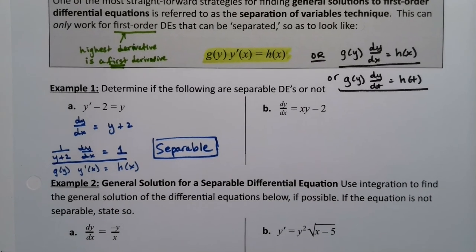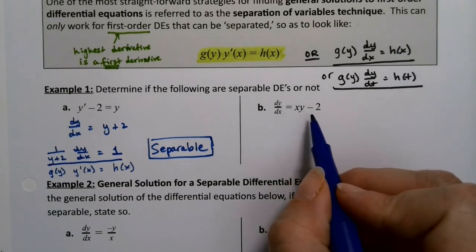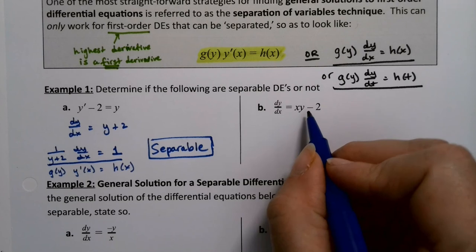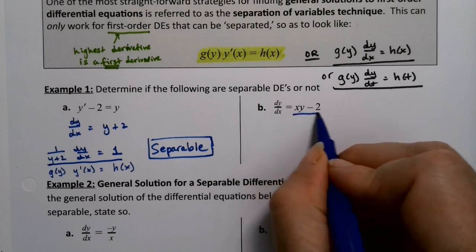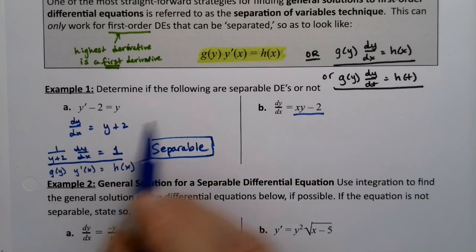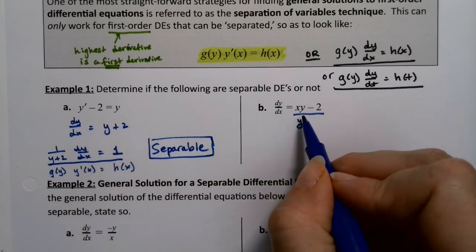All right, now what about this one? Well, we're going to have problems. This is not going to be separable. See, if I try the trick I just did, where I divided by y plus 2, and I try to divide by y, or even y minus 2, I'm in trouble here.